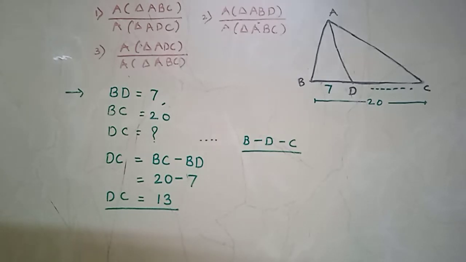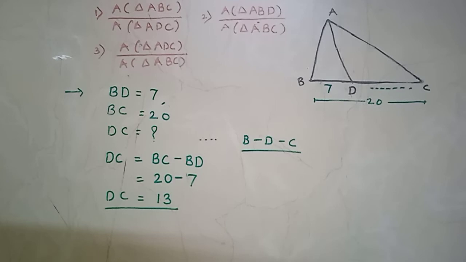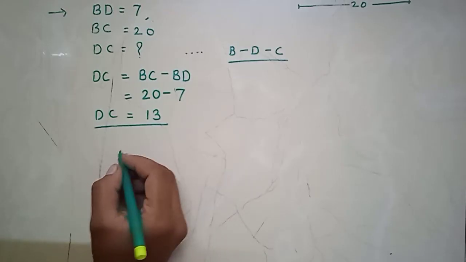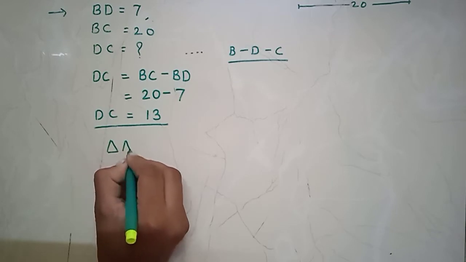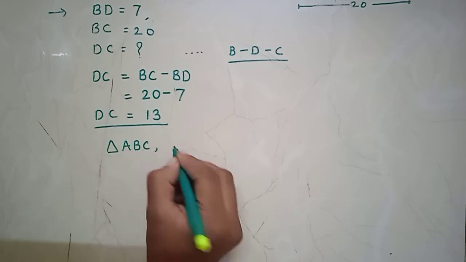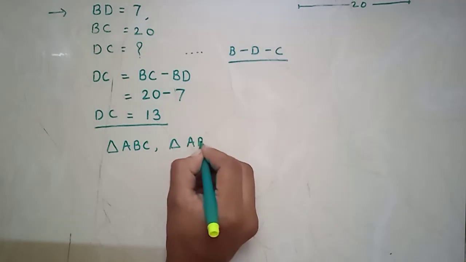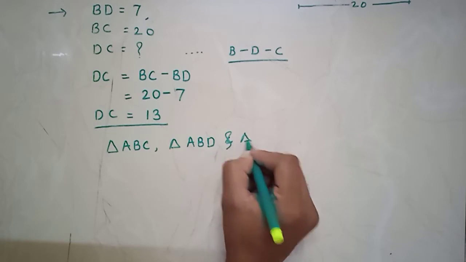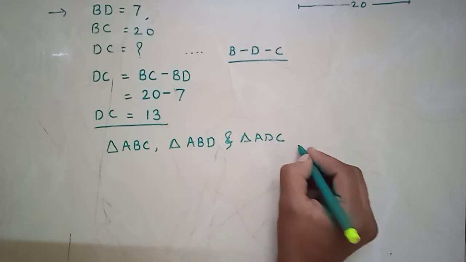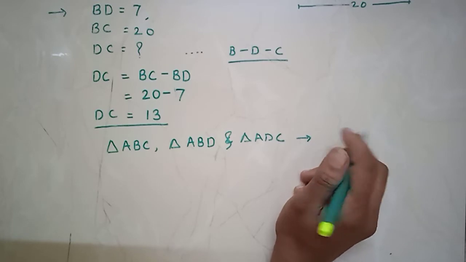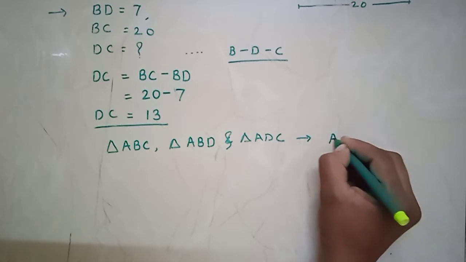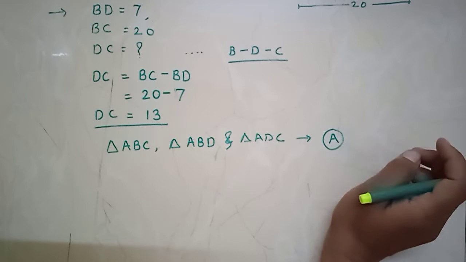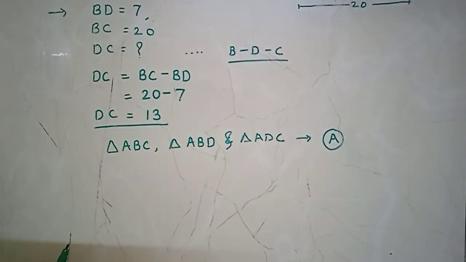So from this information we can find the areas of those triangles. Look here: triangle ABC, triangle ABD and triangle ADC are three triangles, and A is a common point.